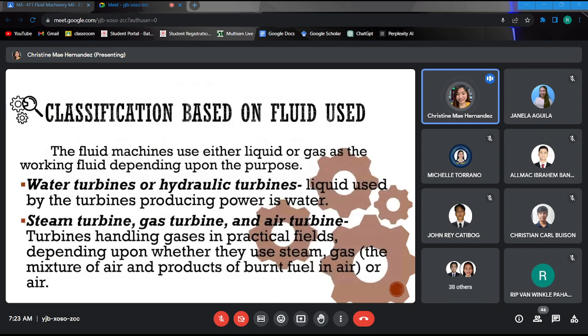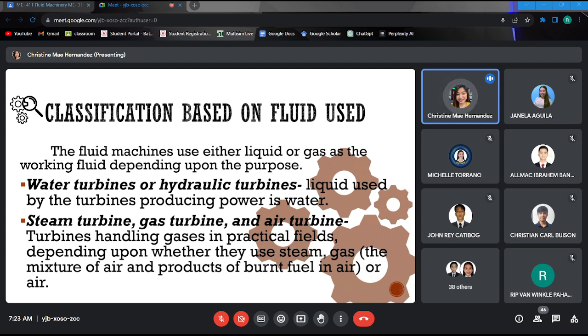So, last classification, it is the classification based on fluid use. So, simple lang to. So, the fluid machine use either liquid or gas as the working fluid depending upon the purpose. So, pag ang fluid na ginamit natin is water or liquid, tinatawag lang siyang water turbines or hydraulic turbines.